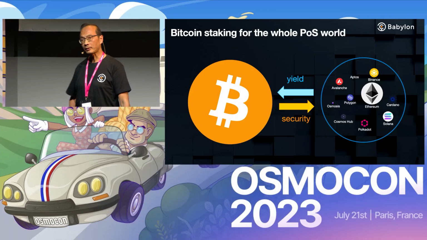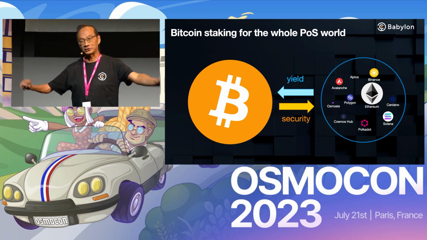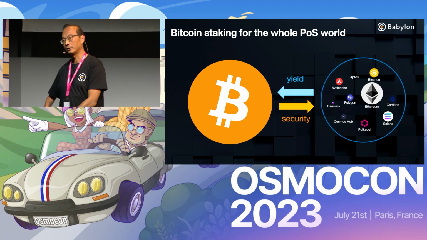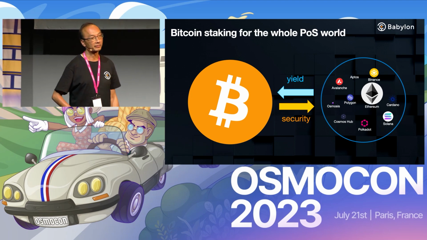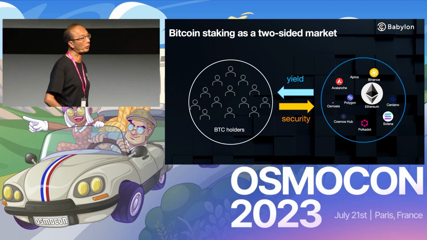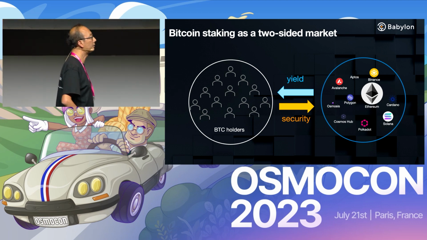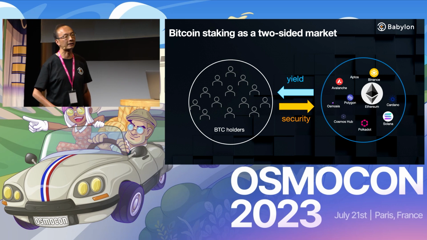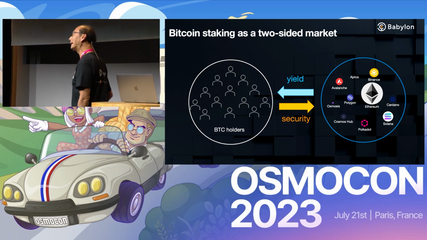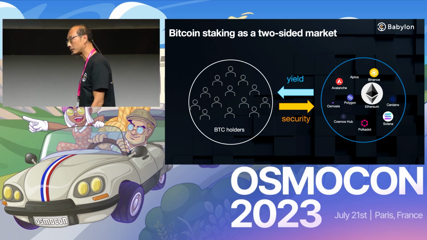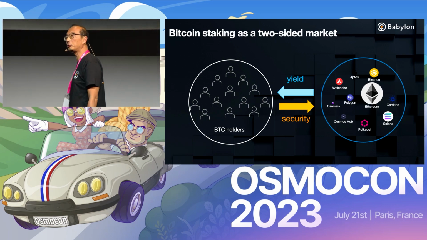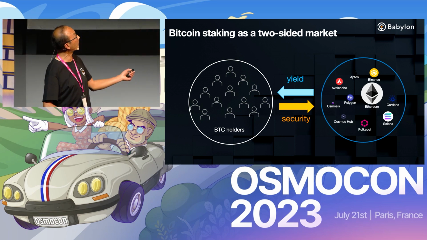Now I switch from vision to nerd talk. So I'm becoming a nerd. The first thing to observe is that what BTC staking is providing is a two-sided market. There are two classes of participants in this market.